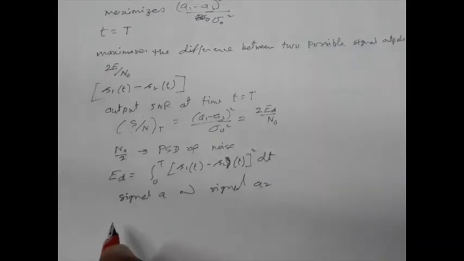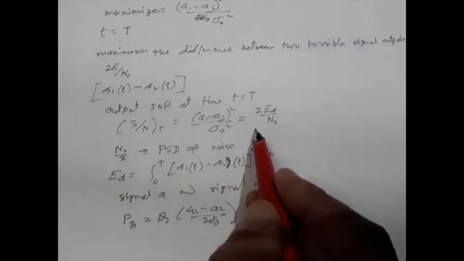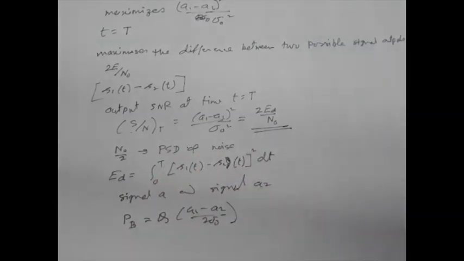So the expression of PB that we got, Q of (A1 minus A2) by twice sigma 0, from the error performance, and if we combine them, we can write PB equal to Q of square root of ED by twice N0.